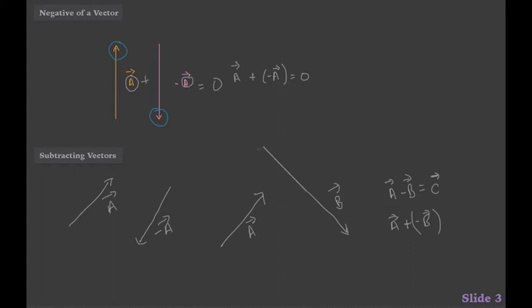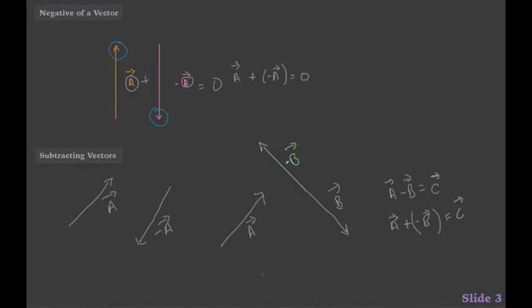It will look like this, right? So this is negative vector B. This negative vector B plus vector A will equal the resultant C, right? So let me pick a different color.